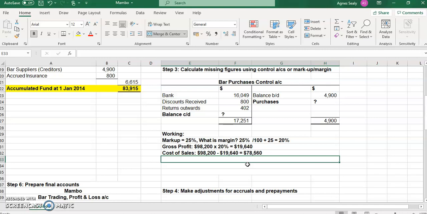And we took that formula and transposed it in order to work out our purchases. So let's see how we are going to calculate our purchases now. Purchases equals our cost of sales in this question plus our closing inventory.